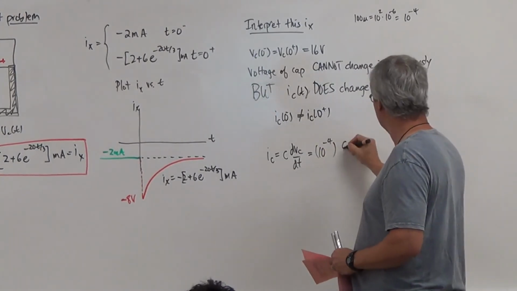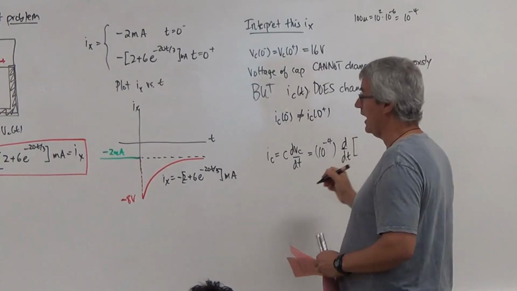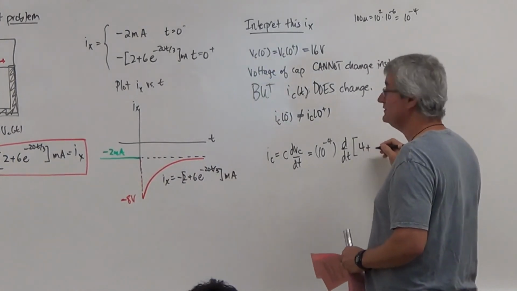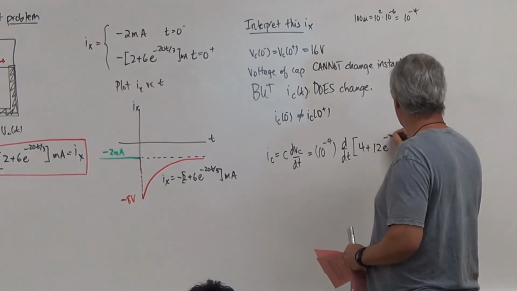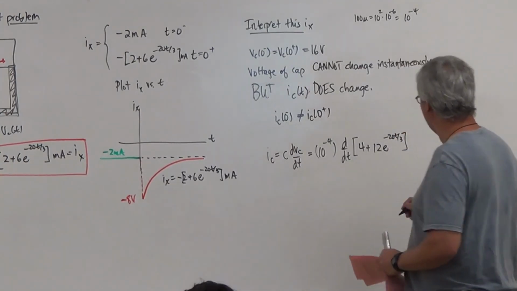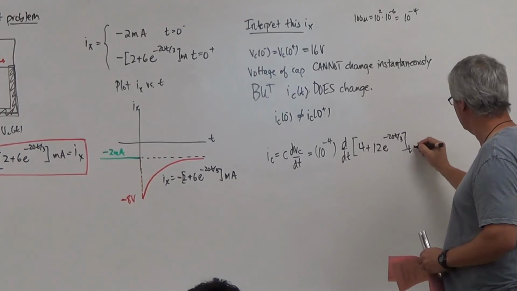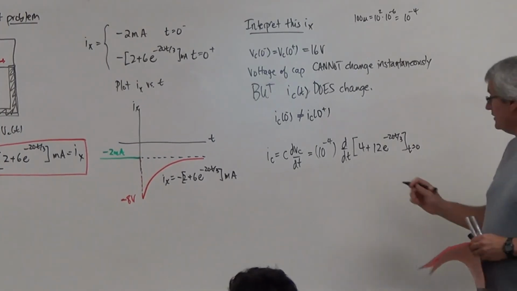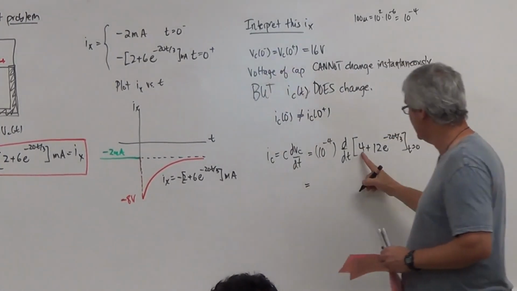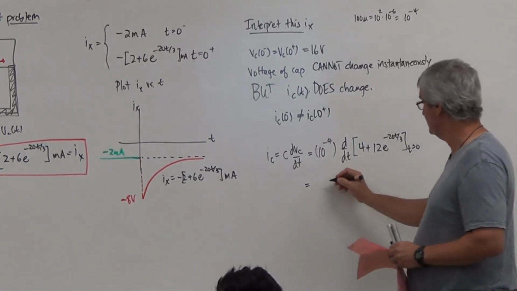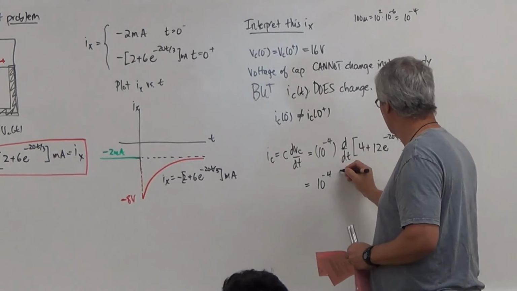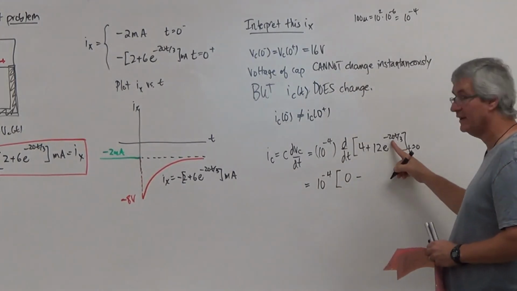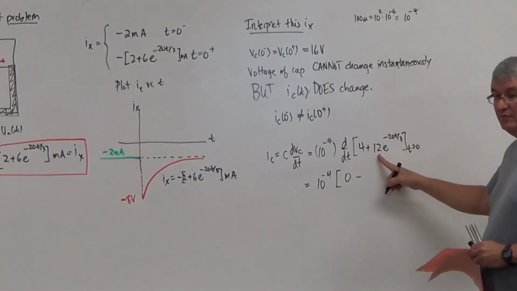Now I've got to take the derivative of this expression, 4 plus 12 e to the minus 20t over 3, and then afterwards set t equal to 0. The 4 is a constant, so I get 10 to the negative 4 times the quantity 0, and then minus 20 times 12 divided by 3.